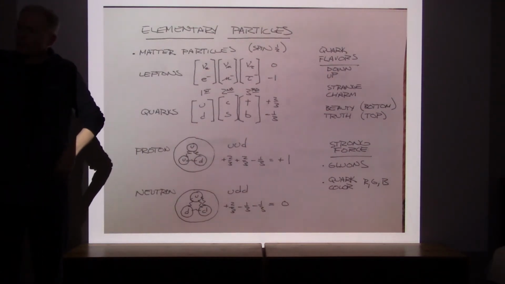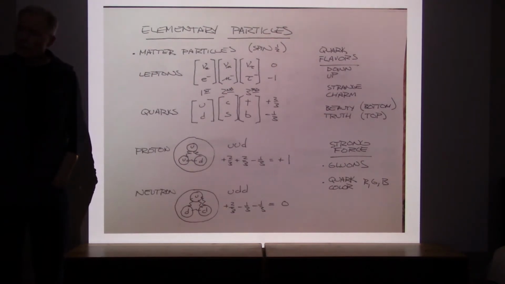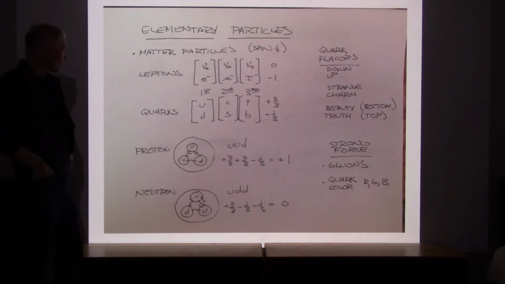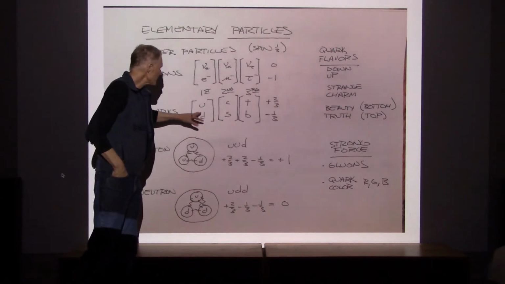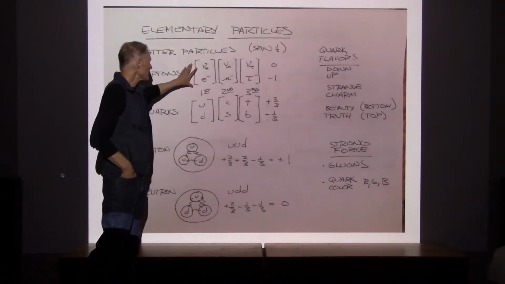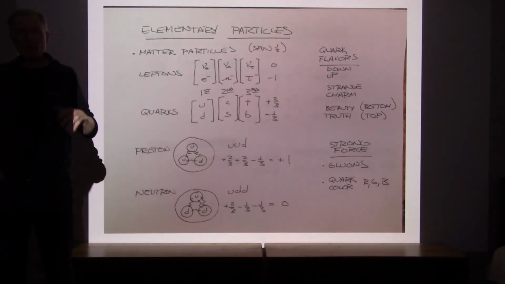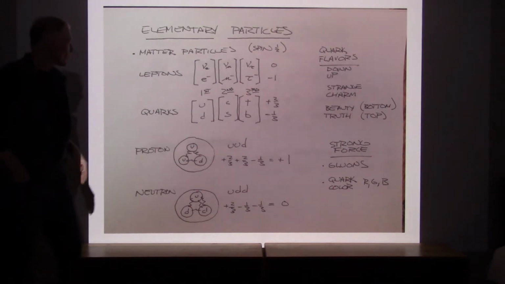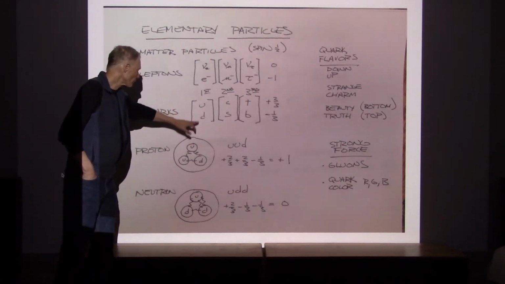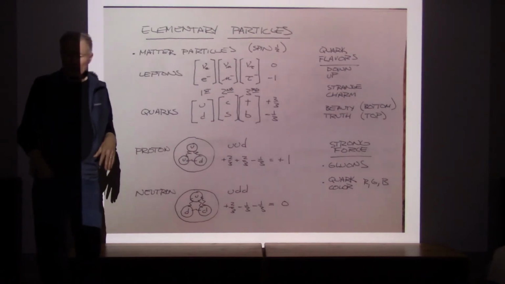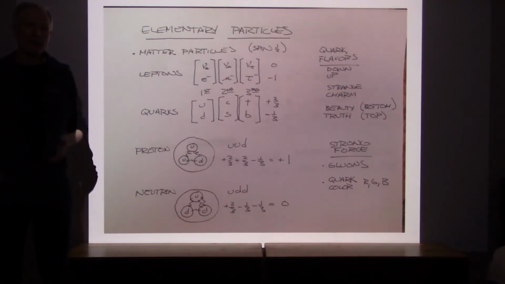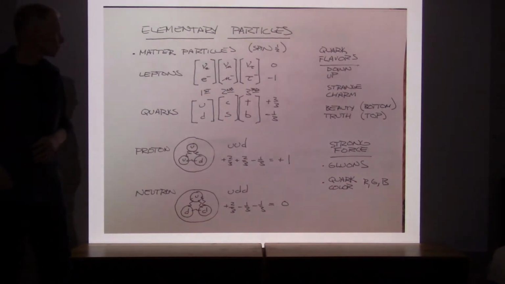So the strong force applies to all of the quarks, but not to the leptons. Leptons don't feel the strong force. So electrons and neutrinos are unaffected by the strong force. But all of these different quark flavors are held together by gluons, which make up the strong force.